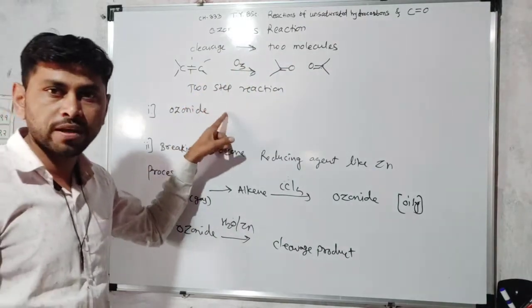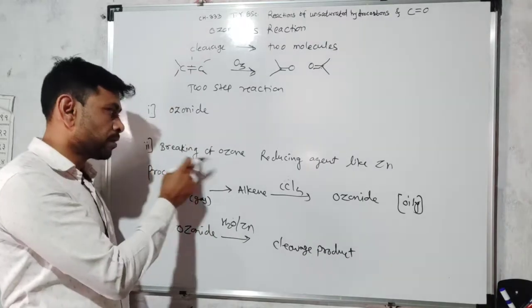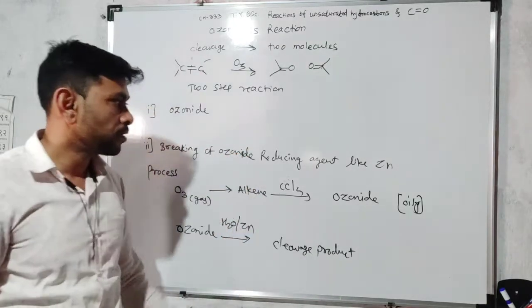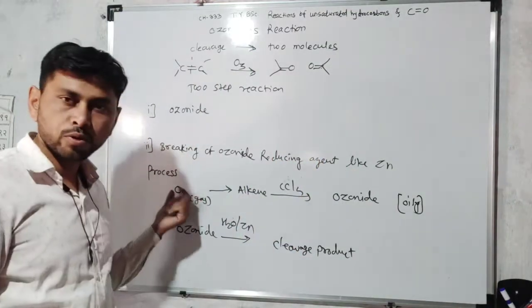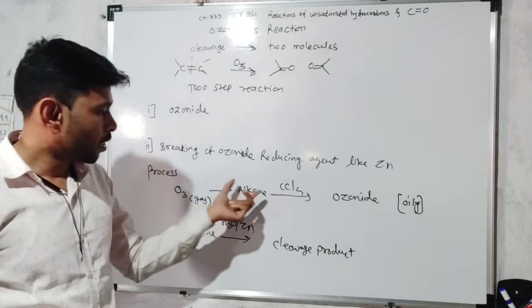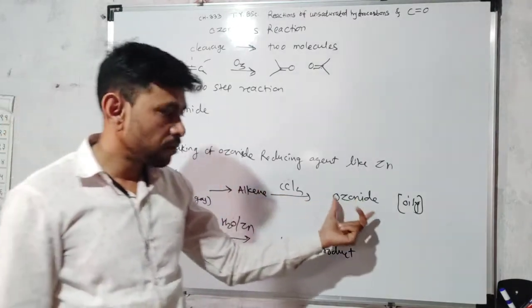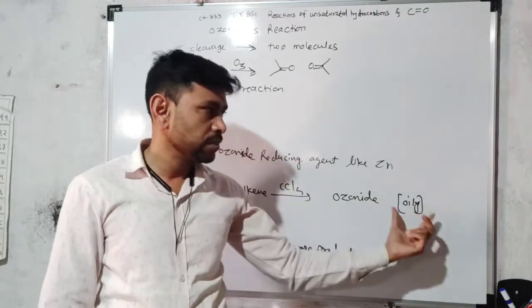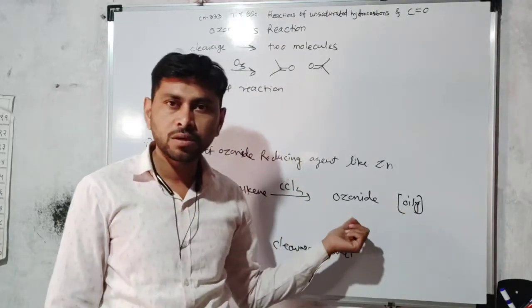This is a two-step reaction in which the first step is ozonide formation and the second step is breaking of this ozonide by some reducing agent like zinc. In the process, we pass ozone gas into the solution of alkene in presence of some inert solvent. Then we obtain ozonide. When evaporation of solvent takes place, the remaining oily part is the ozonide.